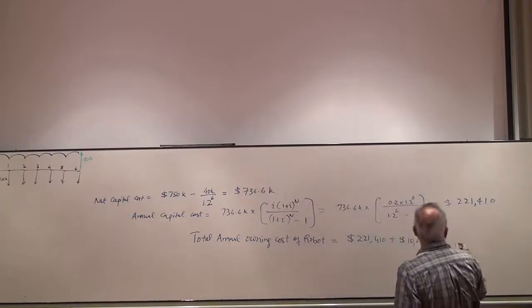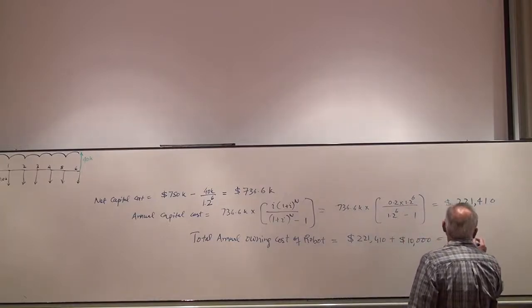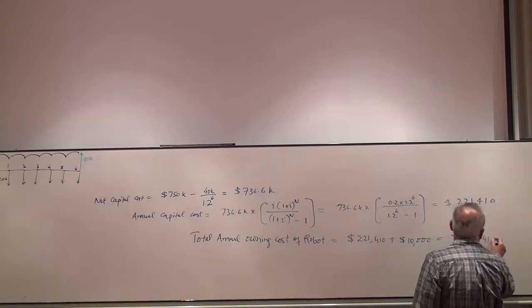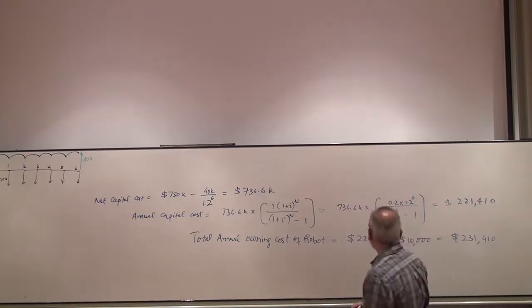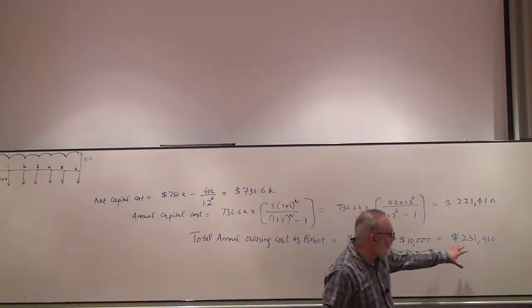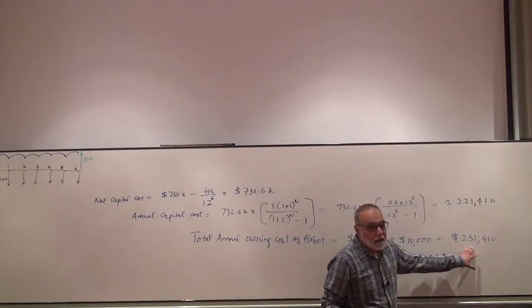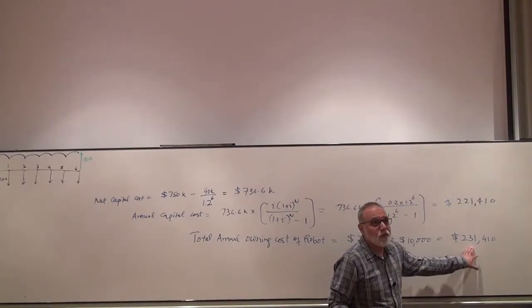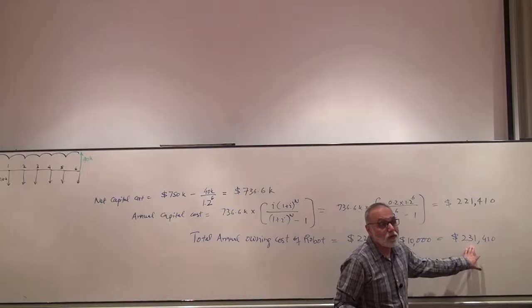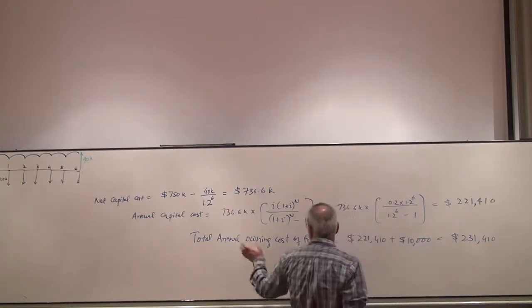So we have $231,410. This means that this is the annual owning cost of this robot.